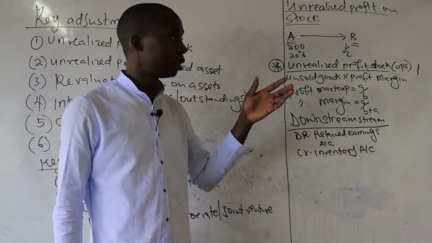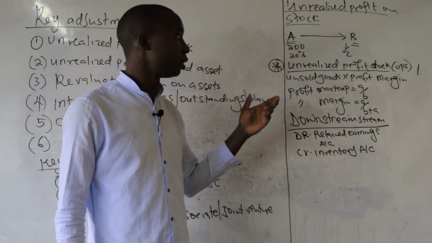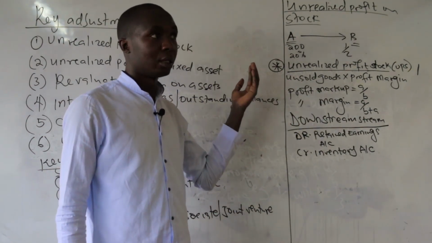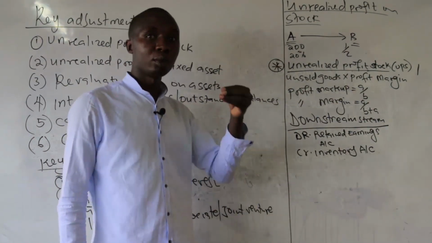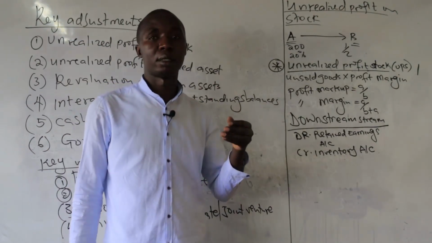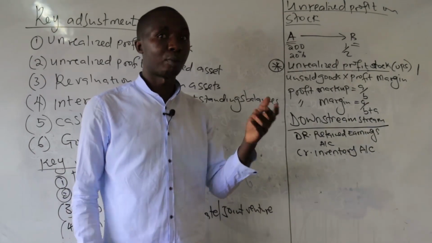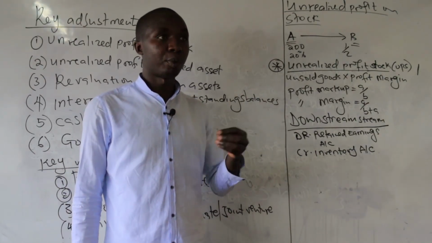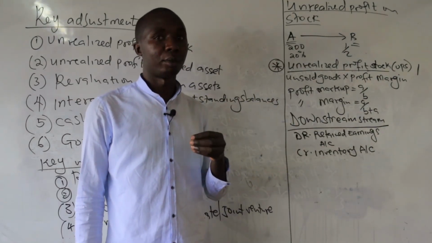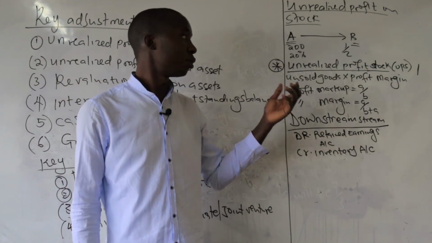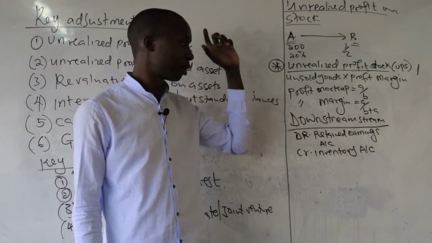You determine the same unrealized profit on stock, but now this profit, unrealized by the parent, would be overstated in the subsidiary, because the parent paid the subsidiary the entire amount plus the profit. But now the parent has not resold all of the goods it received. So we need to determine that unrealized profit, then we adjust in the books of the subsidiary.